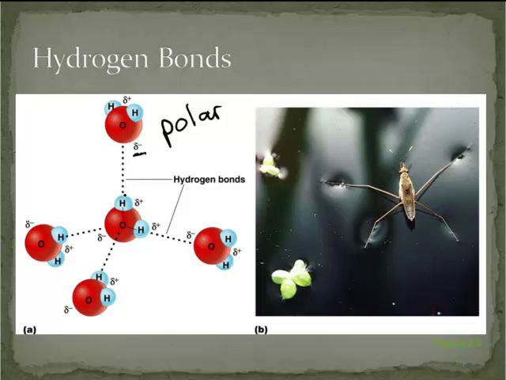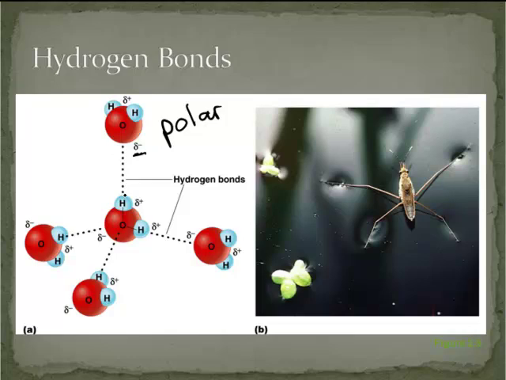Hydrogen bonds are very important to water and to make water what it is. All of the properties of water are based on this idea of hydrogen bonds. If you look at this picture to the right of a water strider, what we'd say walking on water, the reason this is possible is because of the hydrogen bonds in the water. All of the molecules in that water are hydrogen bonded to each other.